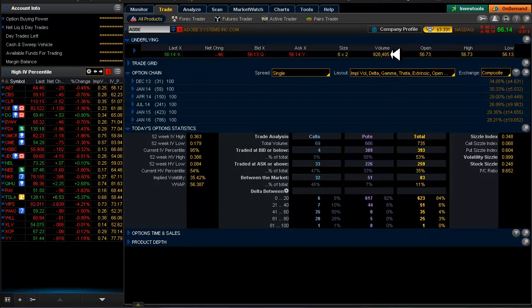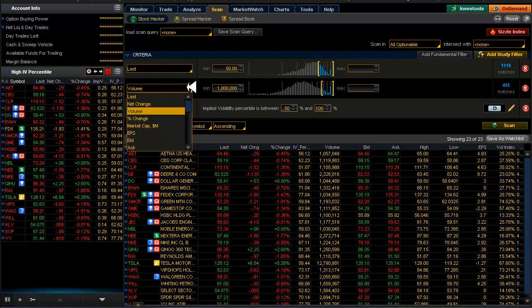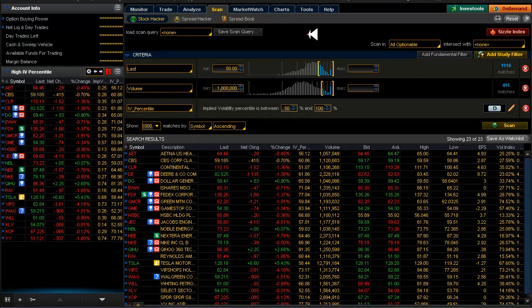Yeah, but where's our volume at? That must be current volume that I'm looking at. So that's unfortunate because I would like this scan to look at average volume. And I am not seeing that, and that's a shame.